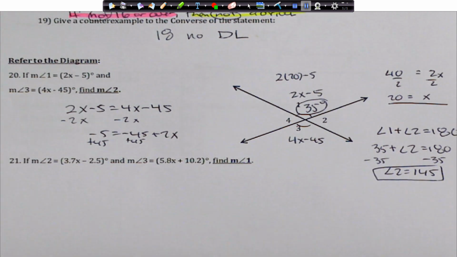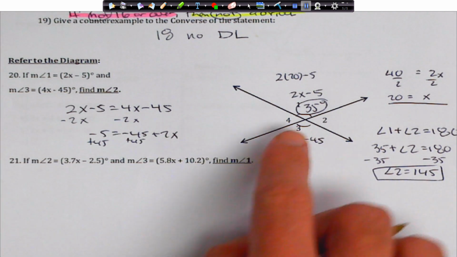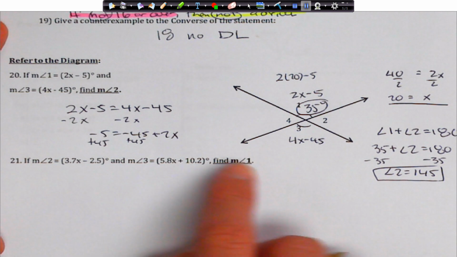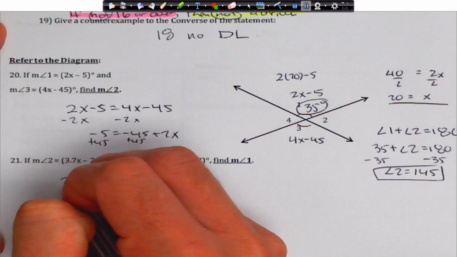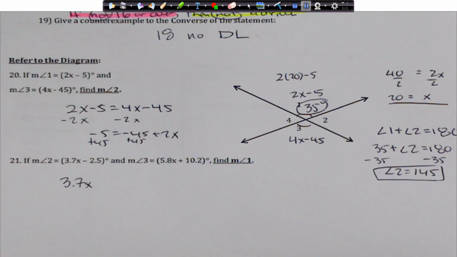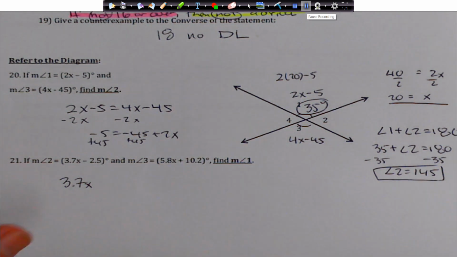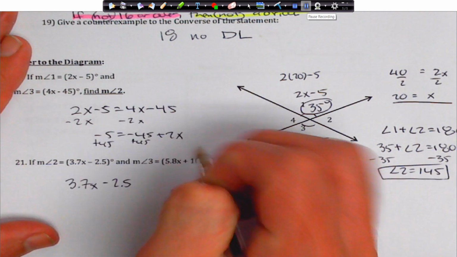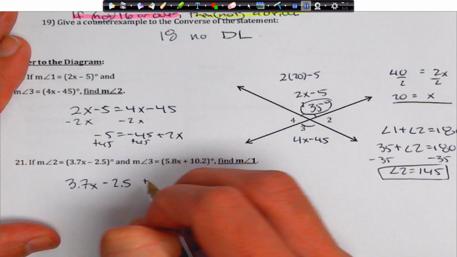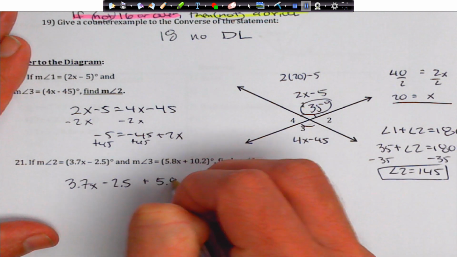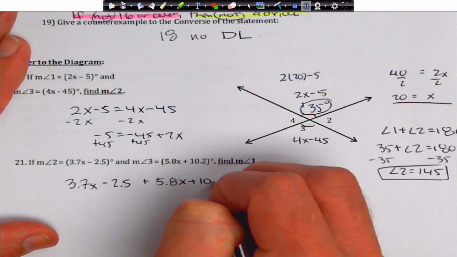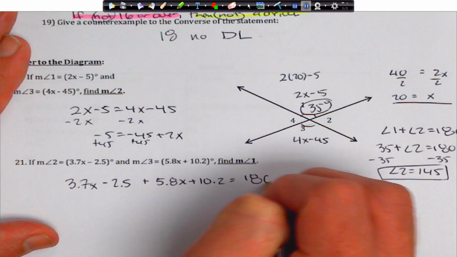And then same question, 2 and 3 are these. Find angle 1. So 2 and 3 are a linear pair, so we're going to add those and set it equal. Angle 2 is minus 2.5, and then we're going to add angle 3 because this is a linear pair, or supplementary if you will, and they should add up to 180.